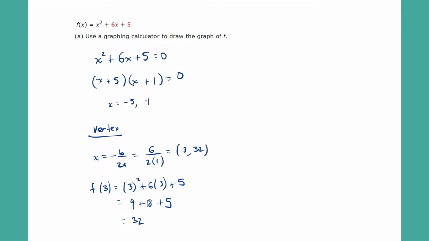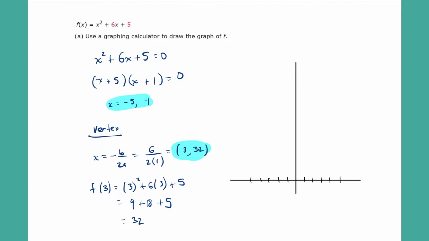All right, so now we have our vertex and we have our x-intercepts. That's all you need to graph a parabola. So on the coordinate plane, I'm going to create the x and y axis. I have to go all the way to 32.